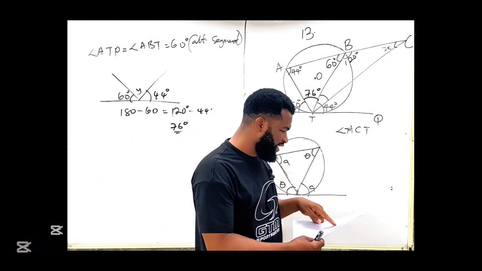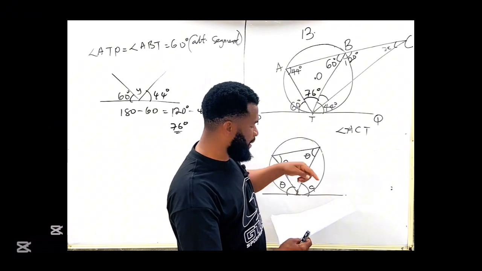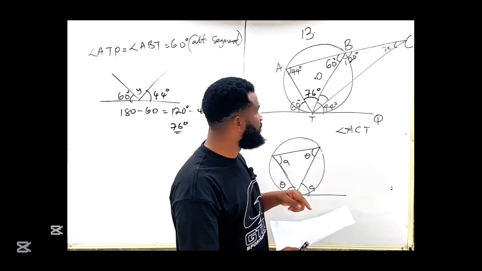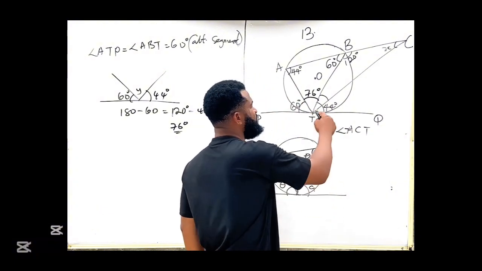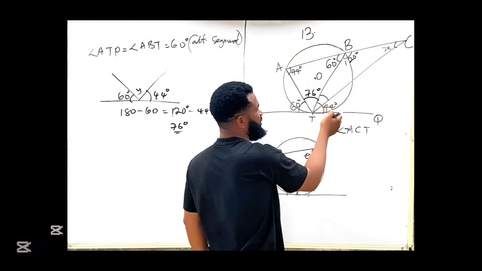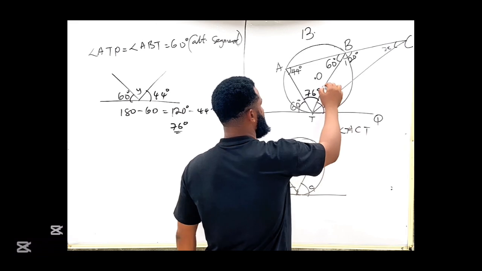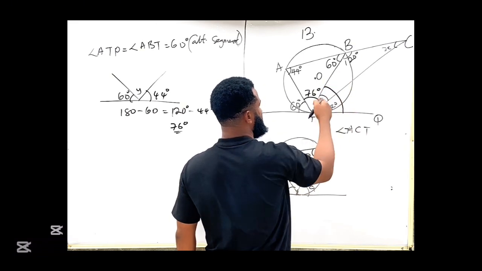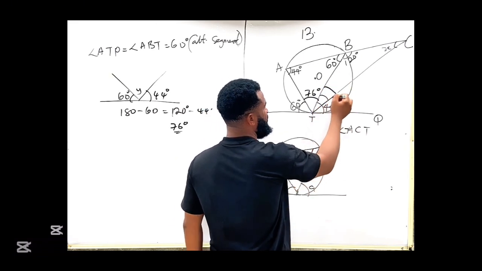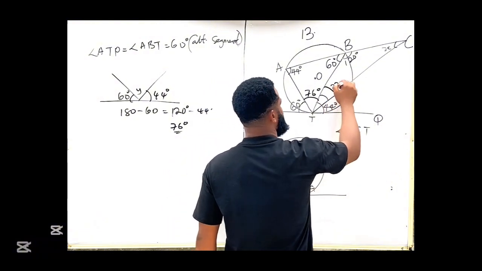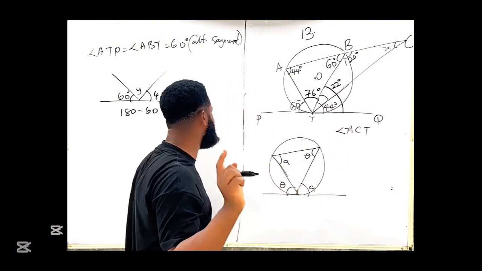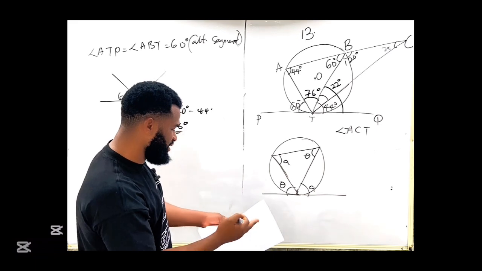There is a statement here that said TC bisects BTQ. So if TC bisects this angle, from here to this place is BTC, but this line now divides this into two equal parts. Therefore, this place is 22 degrees, and that's what I've been looking for. I didn't read the question very well.